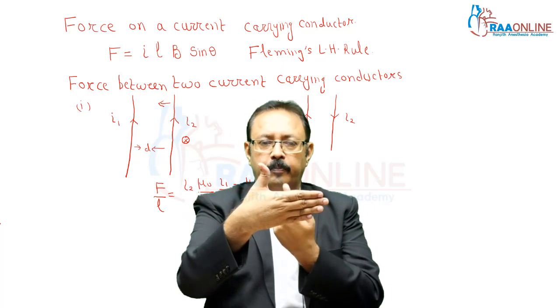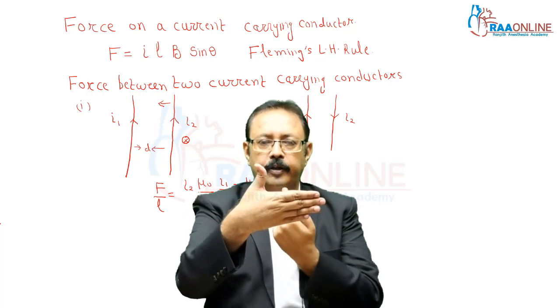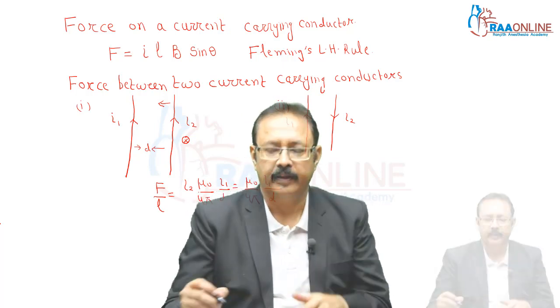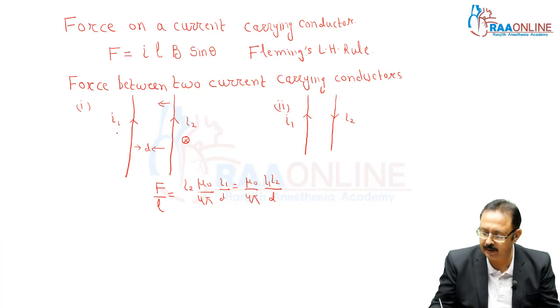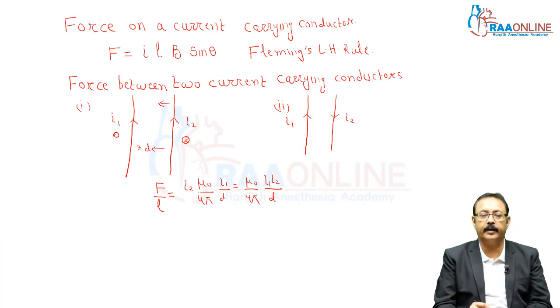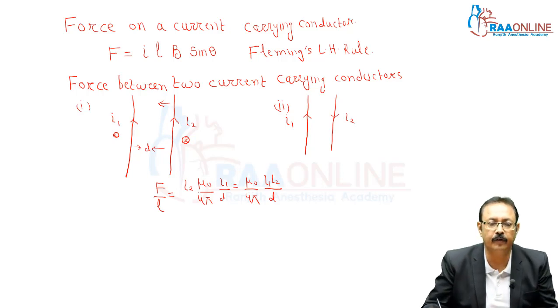The line coming out from the palm is outward, meaning the magnetic field is outside the page. So I am making this, it is the direction of the magnetic field now. Direction of magnetic field is this.